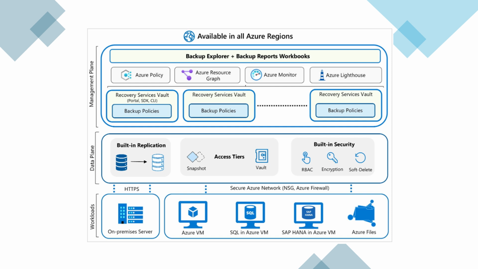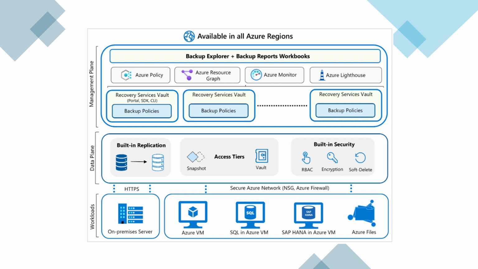You can back up data from your on-premises servers, Azure virtual machines, SQL Server and SAP HANA running in Azure virtual machines, and even Azure files. These workloads are protected either over secure HTTPS or through a secure Azure network using tools like NSG and Azure Firewall.